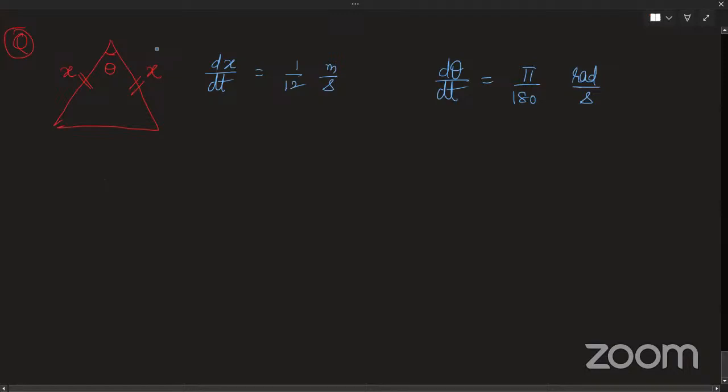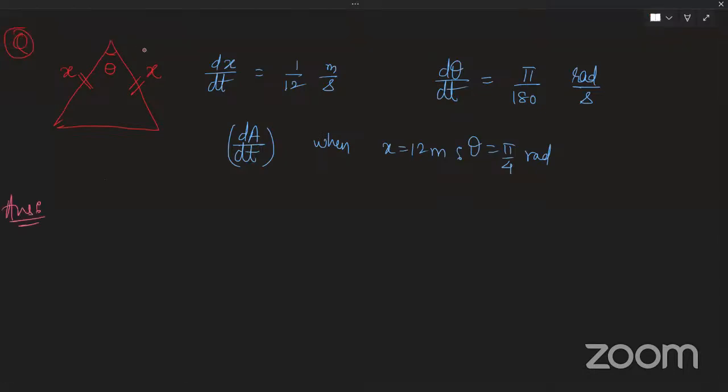It is asking how fast the area is changing when x is 12 meter and theta is pi by 4 radian. Let us give it a try.